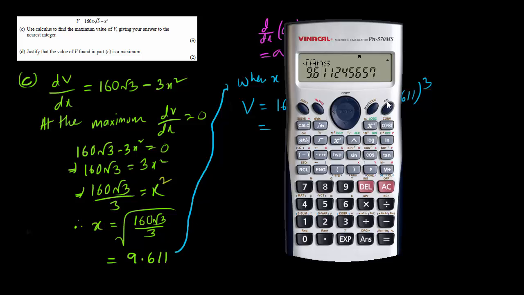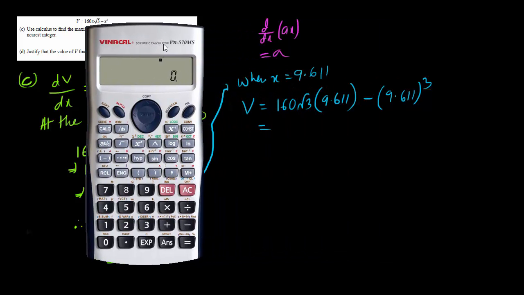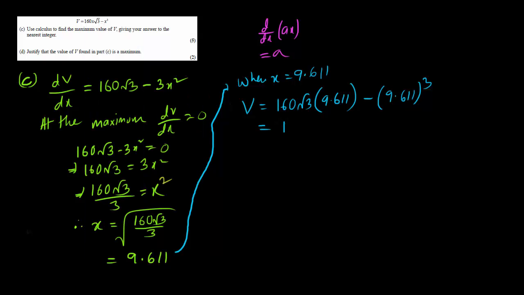So this turns out to be 160 multiplied by square root of 3 multiplied by 9.611 minus 9.611 whole cubed, and that is 1775.7. So the answer to the nearest integer is volume equals 1776. Remember the unit, cm cubed.